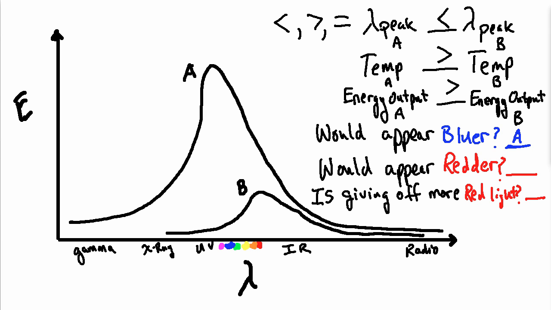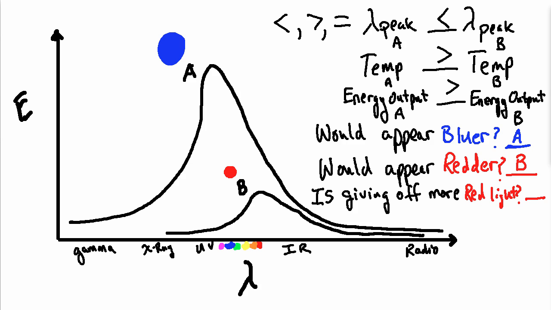And if we look at object B, we see that it's giving off mostly red wavelengths. So we would say that object B is red. So I'm going to draw in a little red dot for object B and a bigger blue dot for object A, indicating that object A would appear blue. It is hotter than the smaller red object that is represented for the light curve for object B.